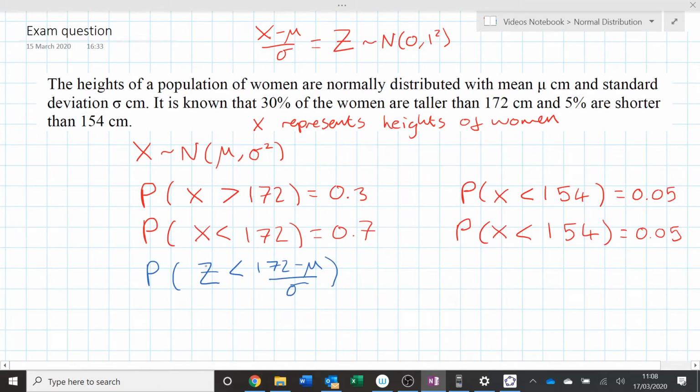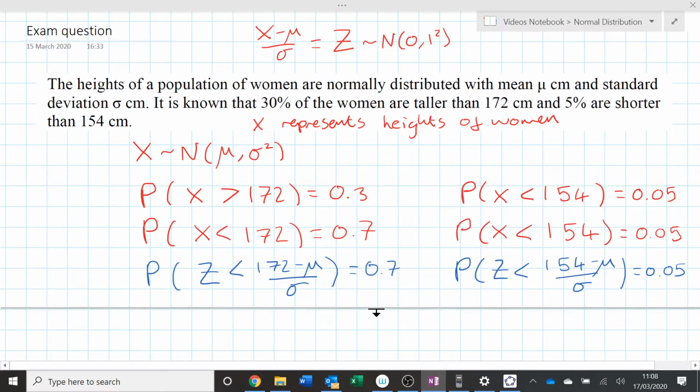Z is x minus mu over sigma, so I've just let that be that. This is 0.7. And on this side, I get z is less than 154 minus mu over sigma, and this is equal to 0.05.